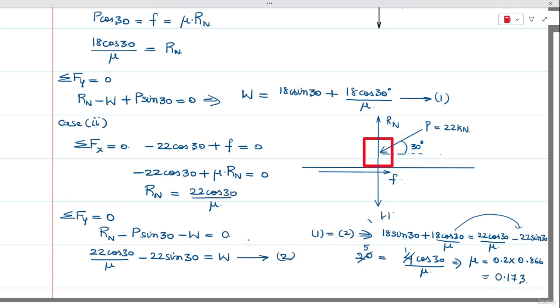Now if we substitute mu in the equation, we get W as 22 cos 30 divided by 0.173 minus 22 sine 30, and this will give us W equal to 99.3 kilonewtons. That would be the weight of the object.